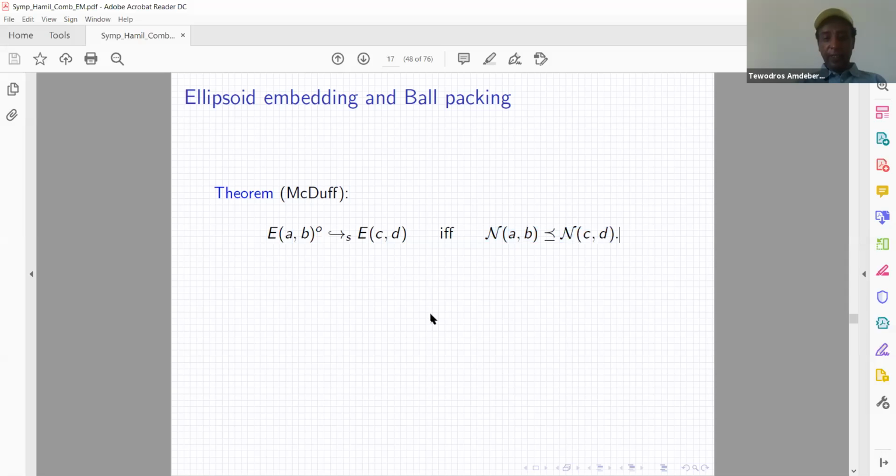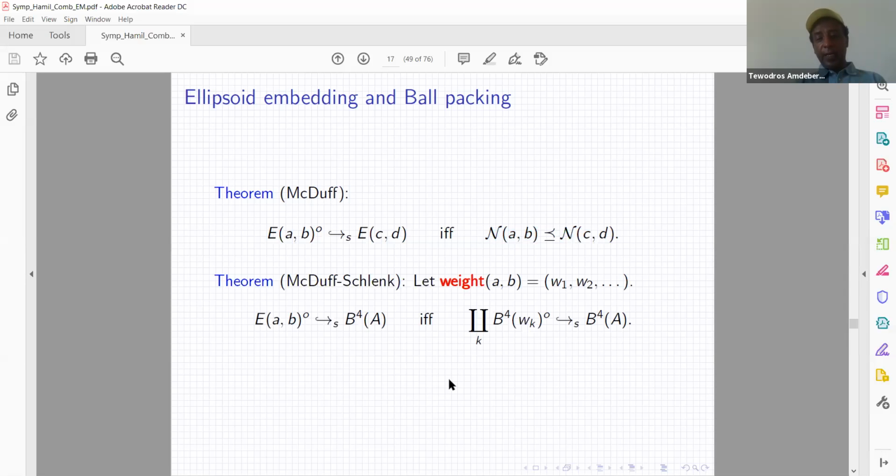Okay, so I can go back now to the slides. And the second result is the following. Given a pair of numbers, let's say for our discussion, A and B are positive integers. The weight of a pair is another set of numbers we call W1, W2.